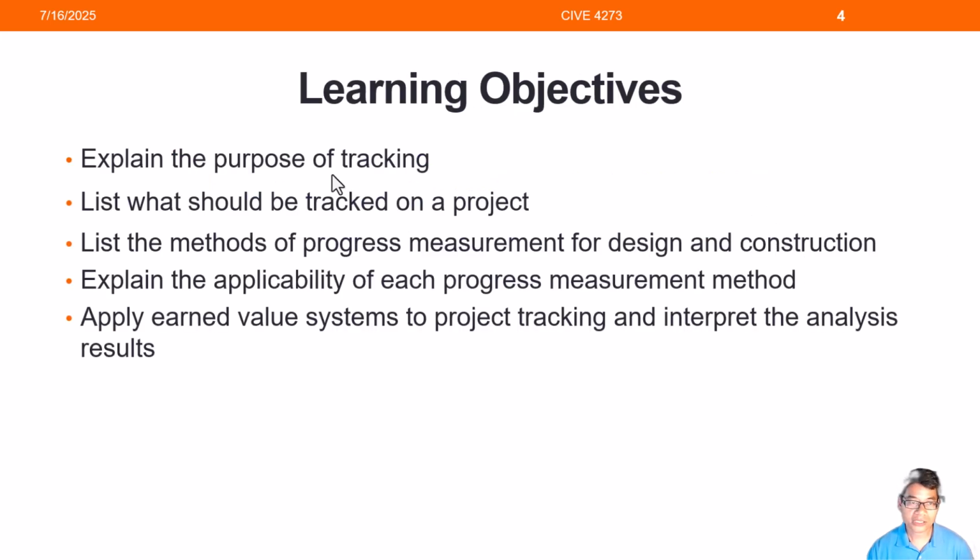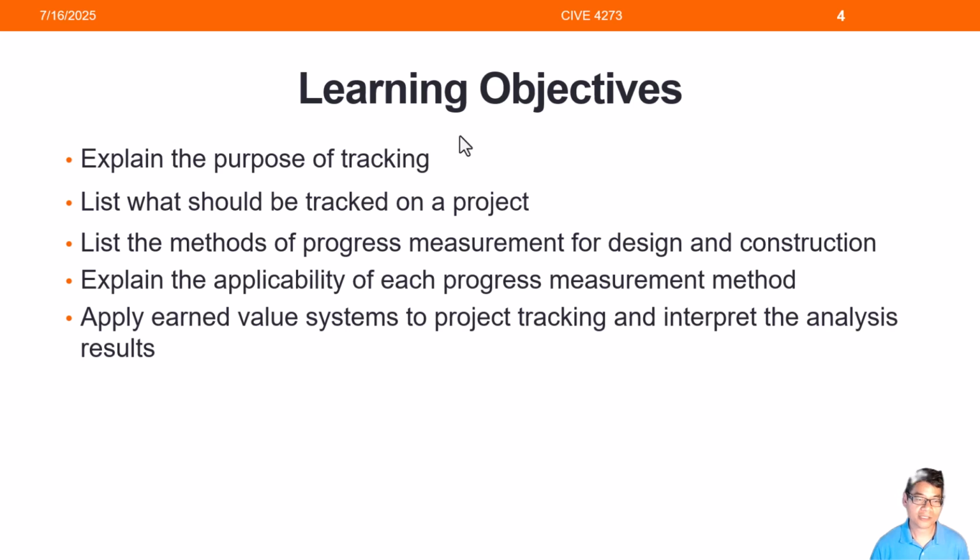So for project tracking, those are the learning objectives. First, we're going to explain the purpose of tracking, and if we would like to track a project, what should be tracked on a project. And eventually we're going to talk about earned value analysis techniques. Before we talk about this technique, we have to always know how to measure the progress of design and construction.